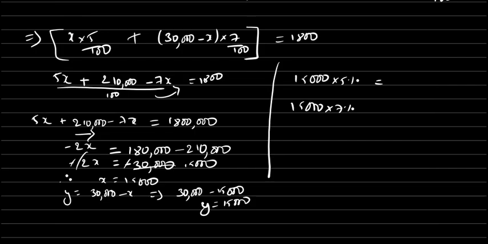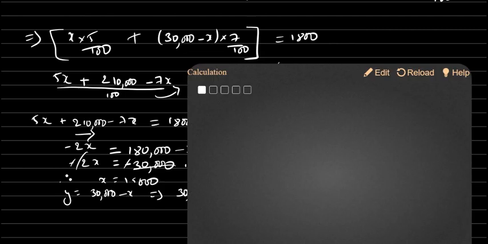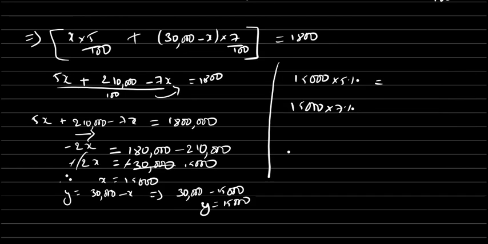Yeah, here it is. Oh, this is a different kind of calculator. Yeah, 15,000 into 5%. If you do, it will come to 750 rupees. Check here itself. You can do it in your own calculator. Next time I will try to bring this calculator with you people.